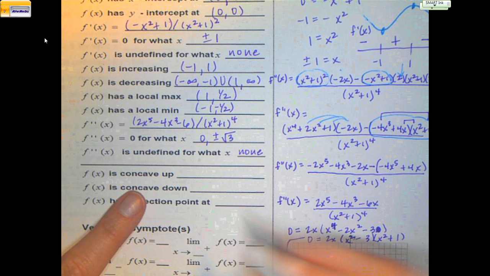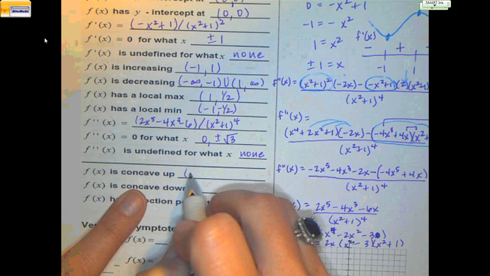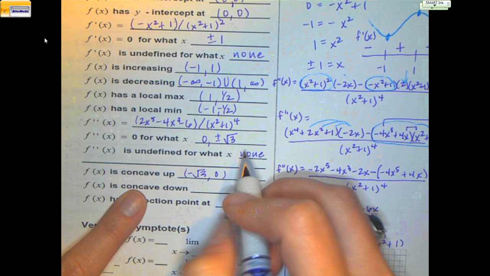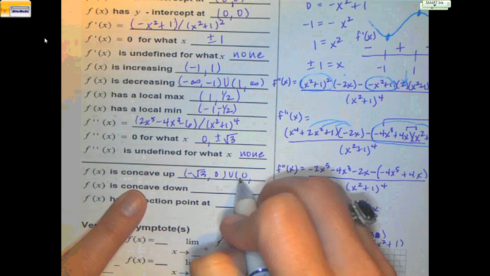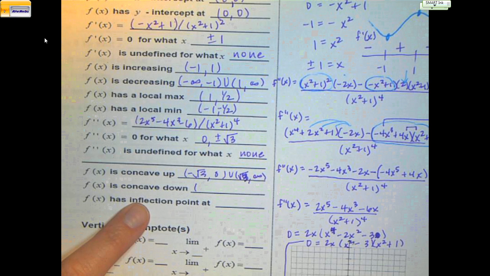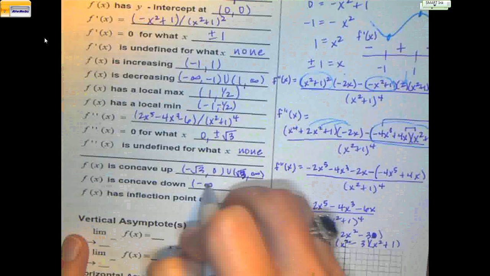Concave up is from negative radical 3 to 0, and from radical 3 to infinity. Concave down is from negative infinity to negative radical 3, and from 0 to radical 3.